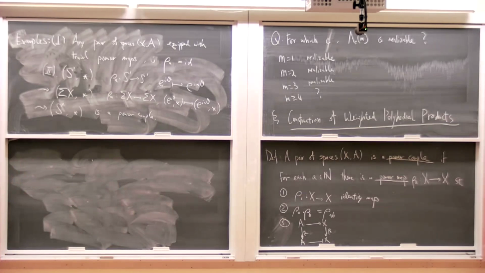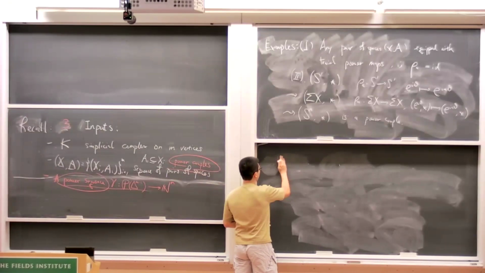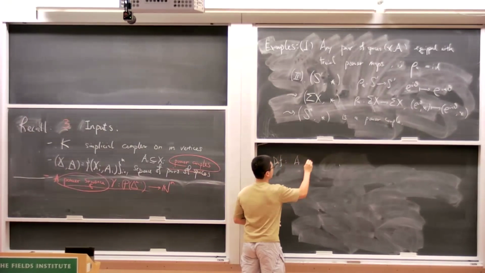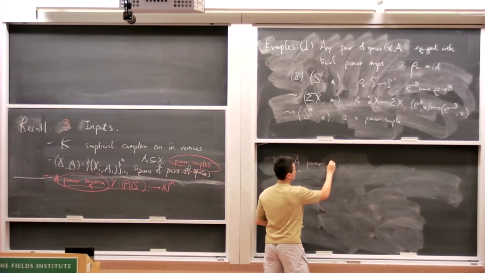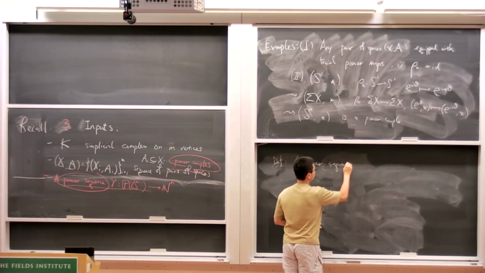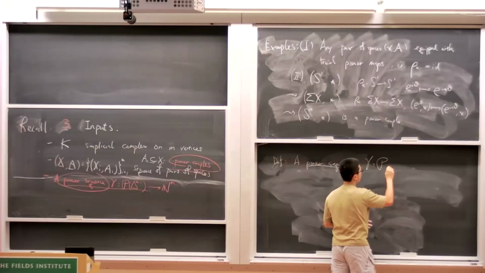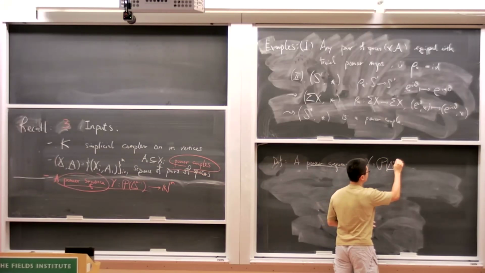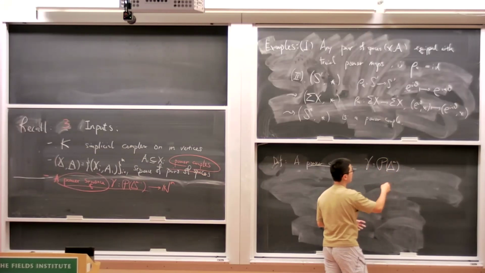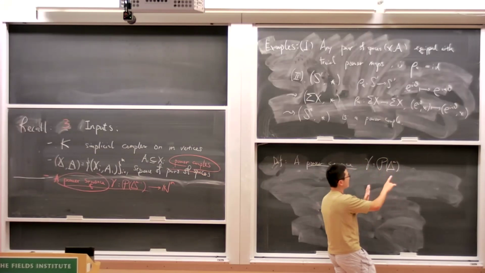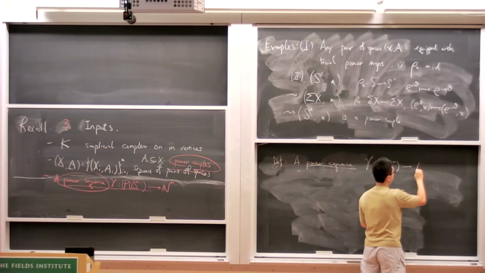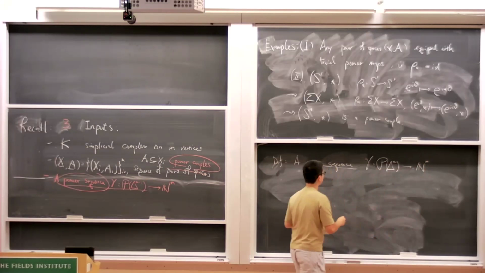Okay, now I have the notion of power couples, and now I also need to talk about the power sequence. Let's say gamma is just a map from the subset of the full simplex to n-tuples of positive integers.